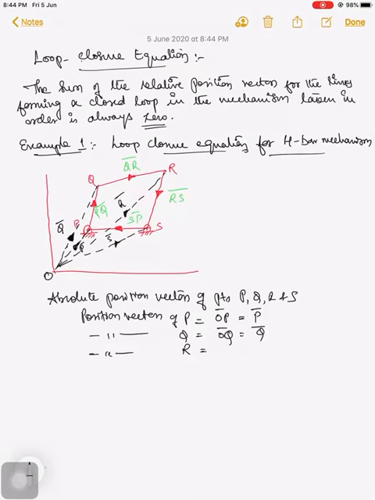Then the position vector of R is given by OR, represented by vector R. Then the position vector of S is given by OS, represented by vector S.